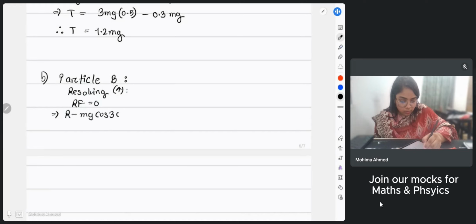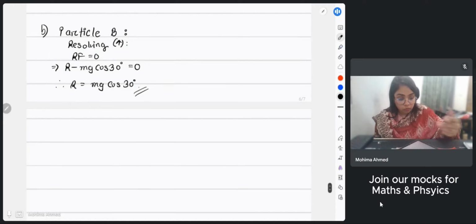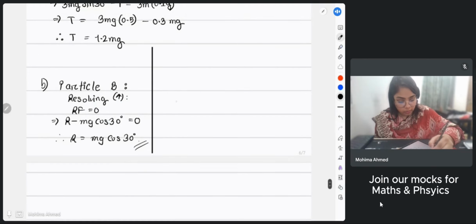In that case, we understood the value for your R would be mg cos 30 degrees. So that is it for the first part of part B. We're going to move on to the second part of part B. Now over here, we're going to consider resolving horizontally.